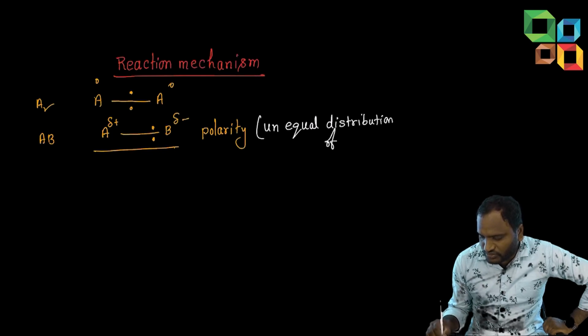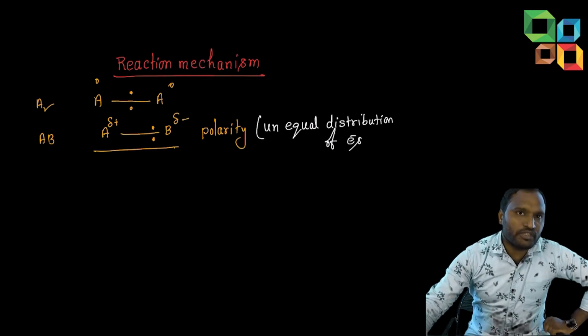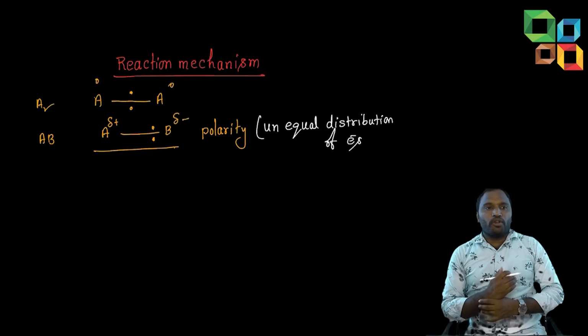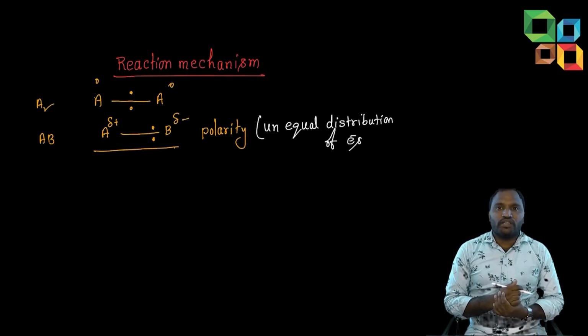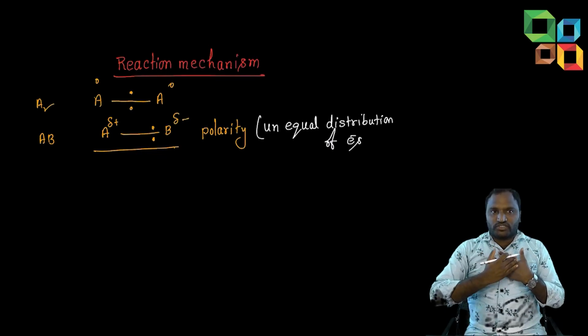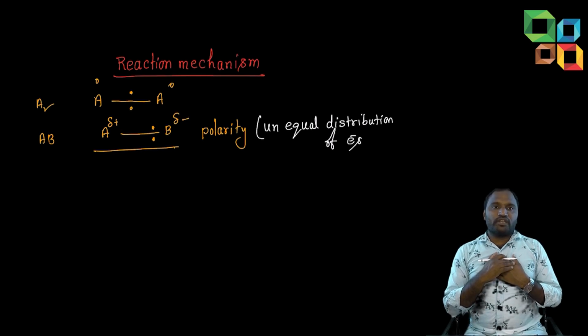Unequal distribution of electrons. You know, a bond means two electrons will be there. If these two electrons distribute equally, there is no polarity. No atom will lose, no atom will gain. But if one is more electronegative, it attracts the two electrons towards itself. Then one will get a partial positive charge, and another will get a partial negative charge.